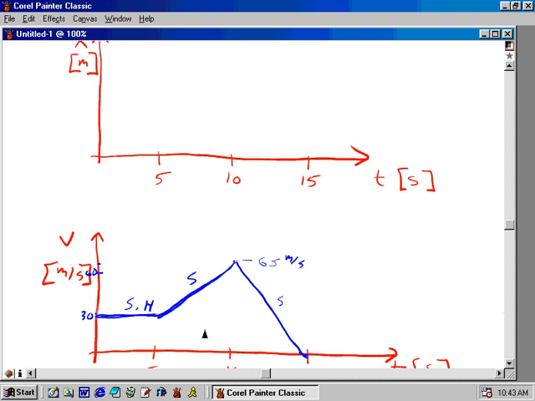Okay, over here the object crosses the start line with a velocity of 30 meters per second at the start of observations. So it's already got some slope, and continues at that speed, so we get a straight line. Because of that 30 meters per second, the person is getting further and further from the start line.